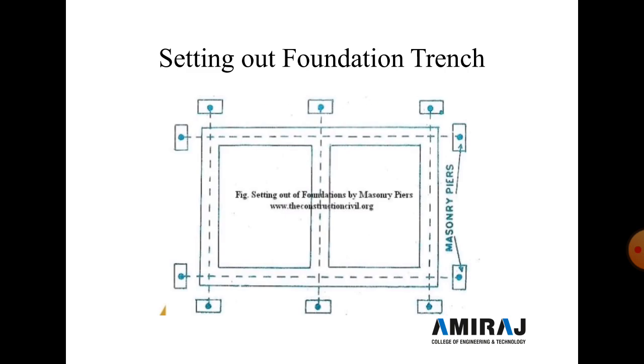Now next point is the setting out of the foundation trench. Here the figure shows the setting out of the foundation. For setting out the foundation of a small building, the center line of the longest outer wall of the building is first marked on the ground by stretching a string between wooden or mild steel pegs driven in the ground at the ends.